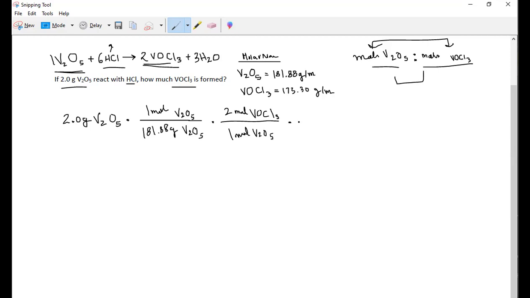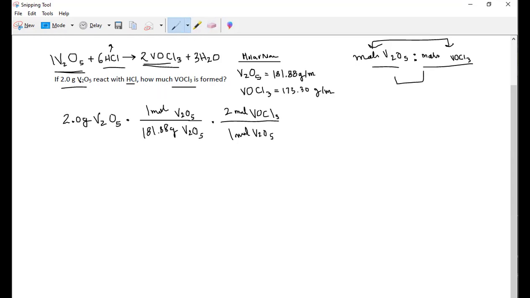And so when you multiply that, you're left with how many moles of VOCl3 were formed. But again, you're looking back at the question, and it's not asking for moles explicitly.